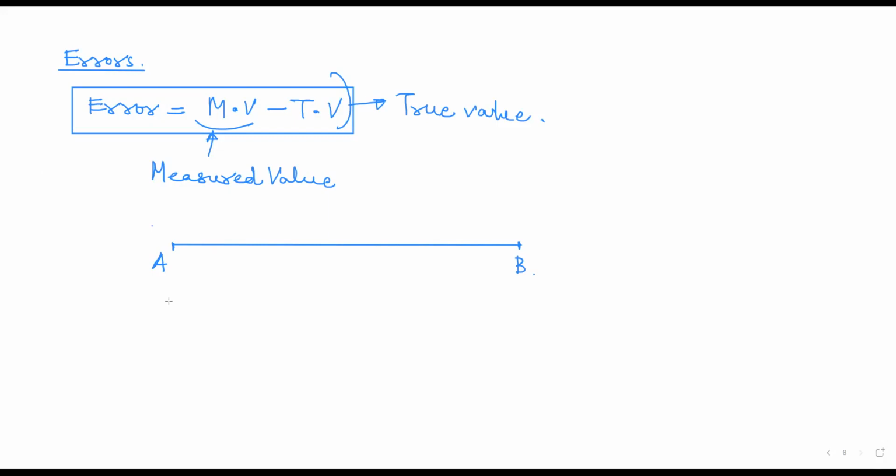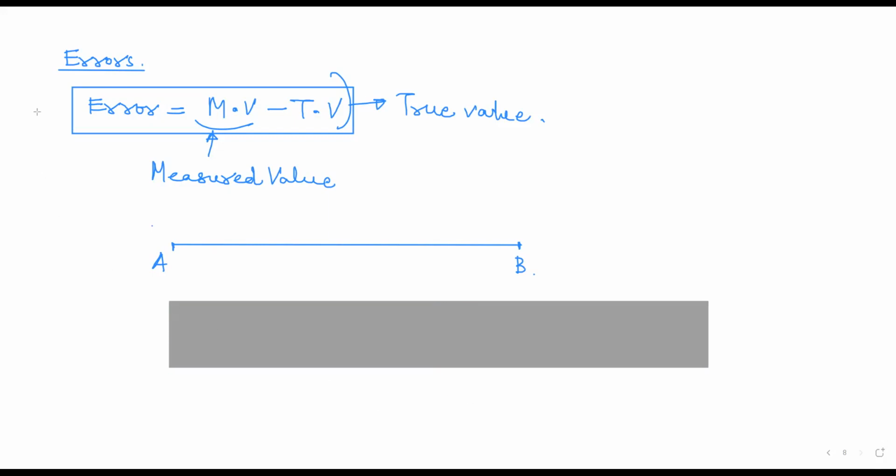Pay attention, this is very important. This is a scale we have, with markings on it, to measure the length. It starts from here. I am drawing it carefully so that you understand.